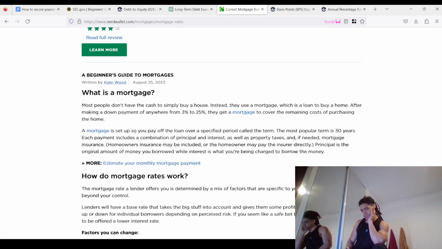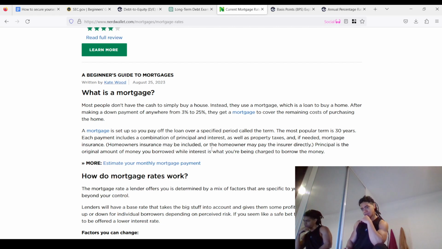A mortgage is set up so you can pay off the loan over a specified period called the term. The most popular term is 30 years. Each payment includes a combination of principal and interest, as well as property taxes, and if needed, mortgage insurance. Homeowners insurance may be included, or the homeowner may pay the insurance directly.